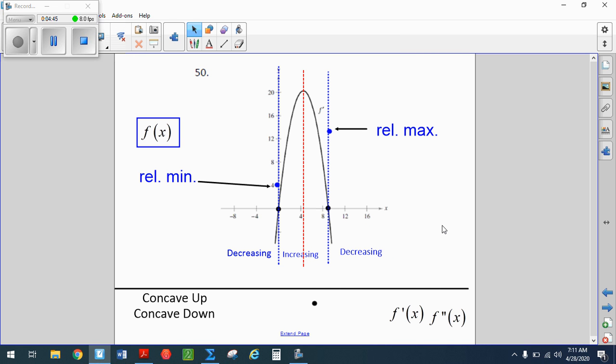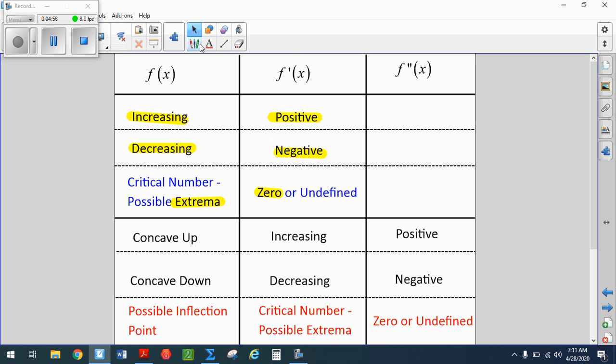To the left of the red line, the derivative is increasing. To the right of the red line, the derivative is decreasing. So when my derivative is increasing, my original has to be concave up. When my derivative is decreasing, my original has to be concave down.